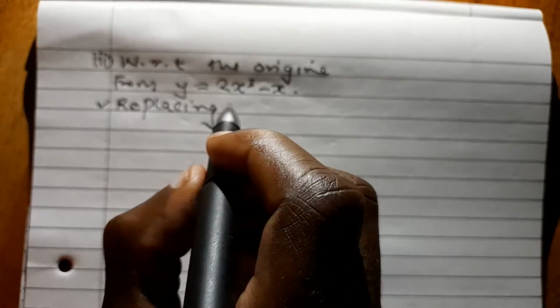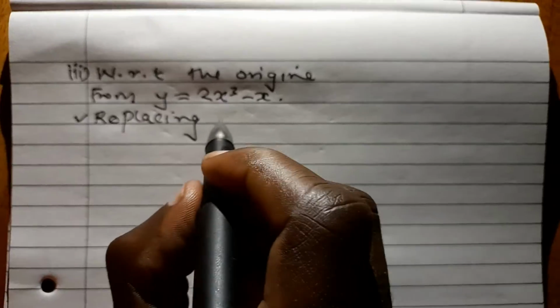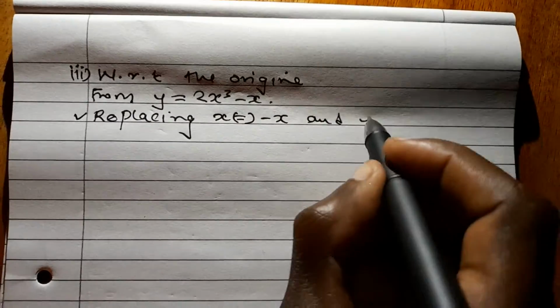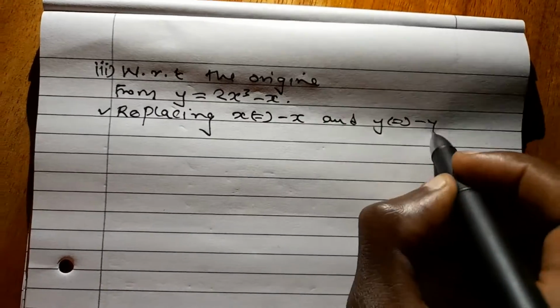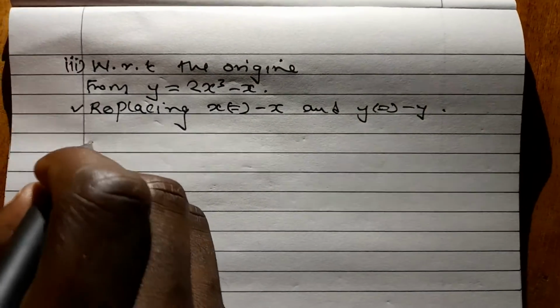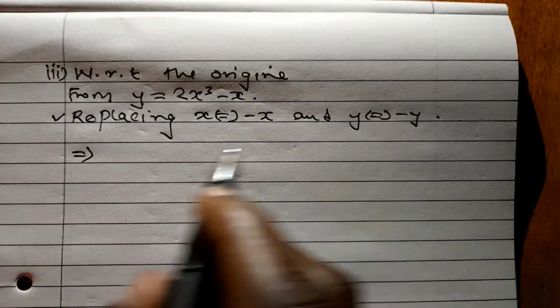When we want to test symmetry with respect to the origin, we replace x with negative x and y with negative y. So where there is y, we replace it with negative y.